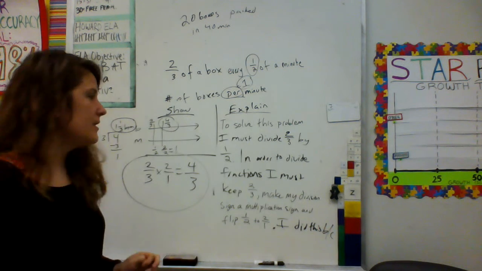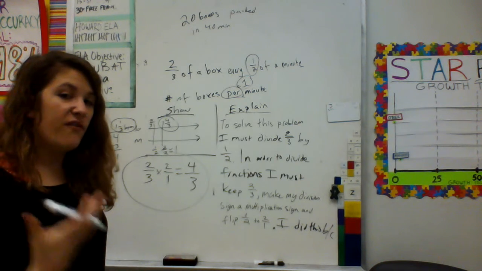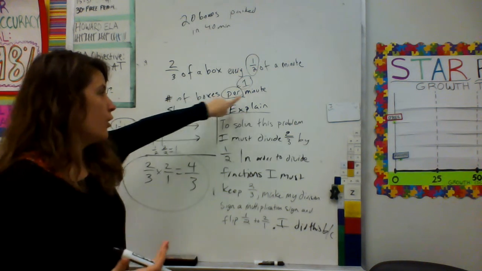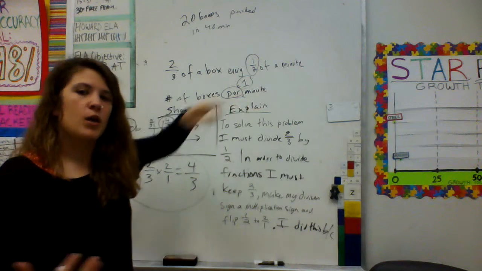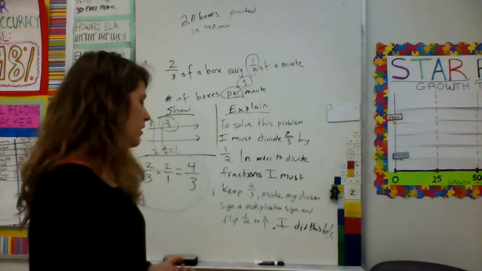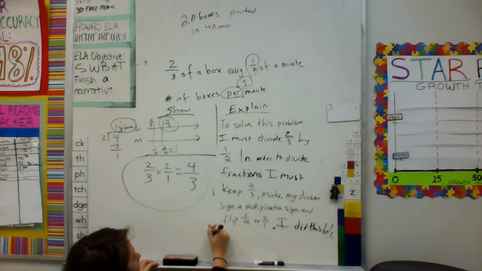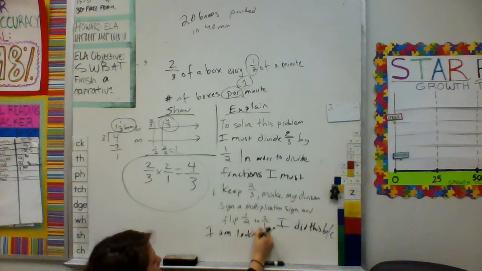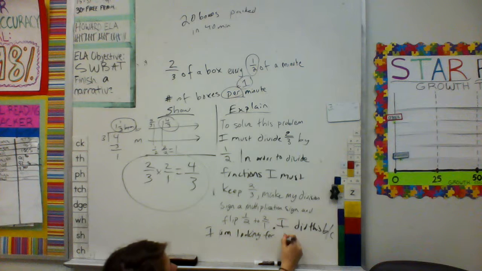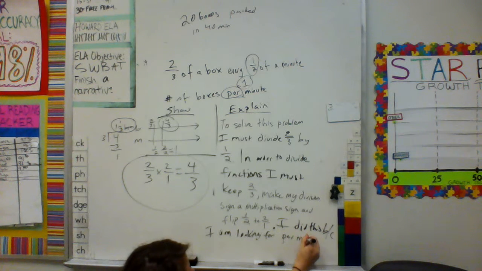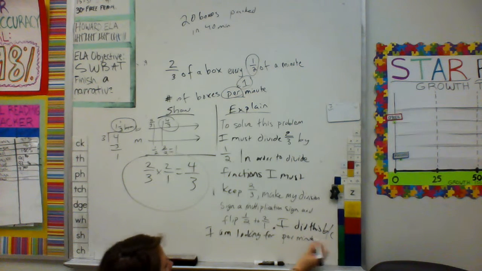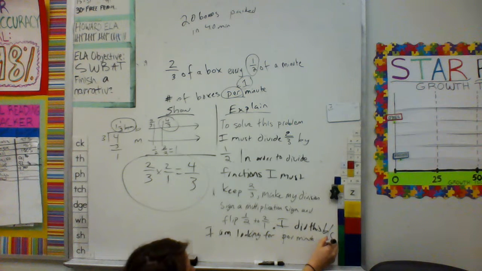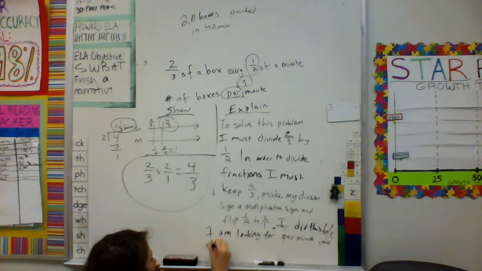Why did I do this? Because when you're finding per minute or one of something, you must divide. Because I am looking for per minute, and when I'm trying to find one of something, I must divide.